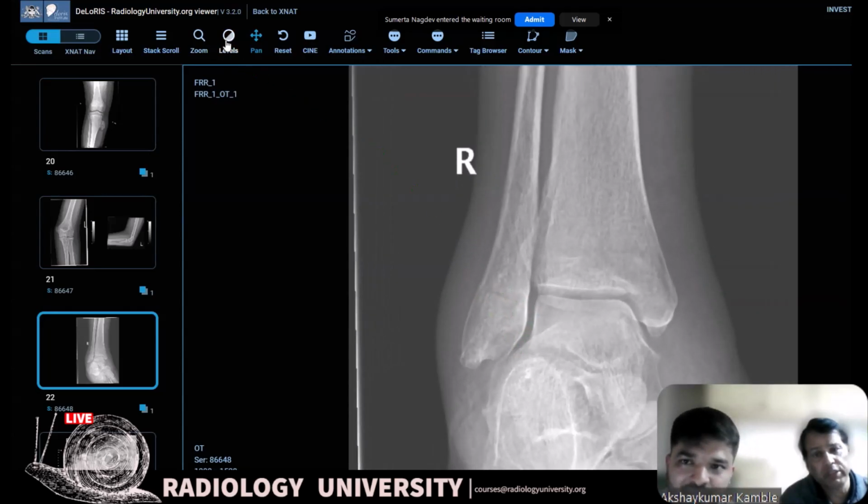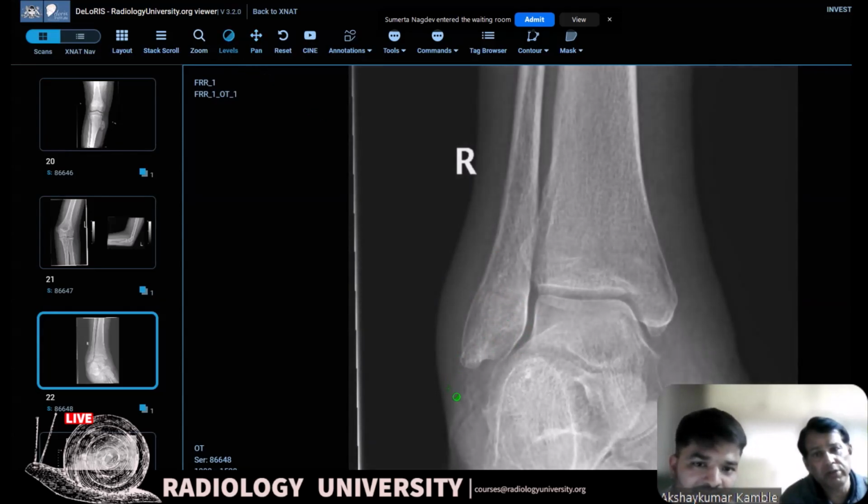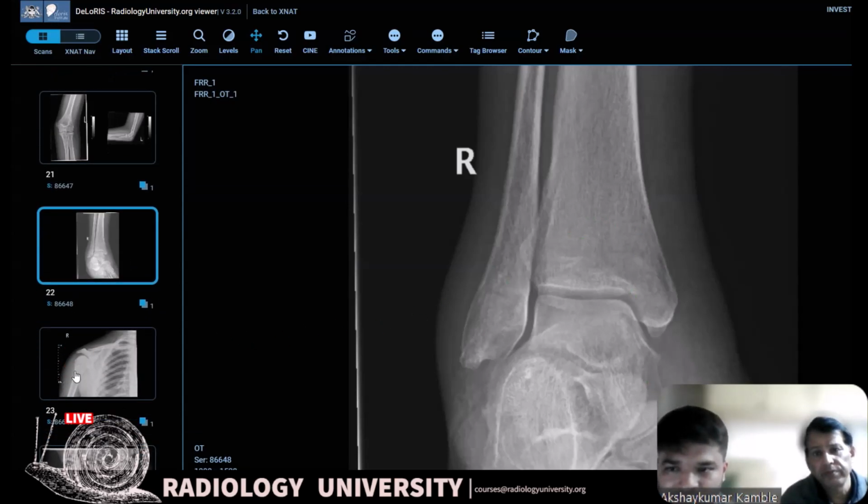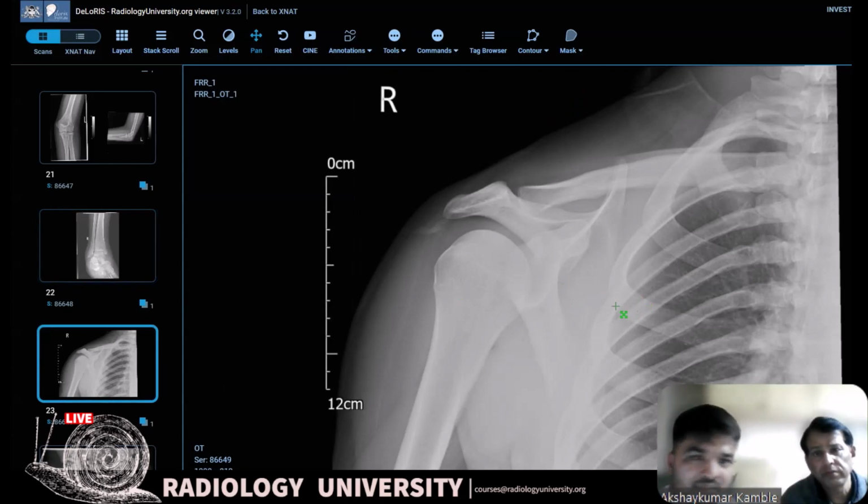So this is an undisplaced fracture of the lateral malleolus with surrounding soft tissue swelling. You mentioned the right ankle altogether. Soft tissue, fracture, all the leading signs should also be mentioned, so that is good. You don't lose any marks. Okay. Move on to the next one. Does anyone want to describe this one?